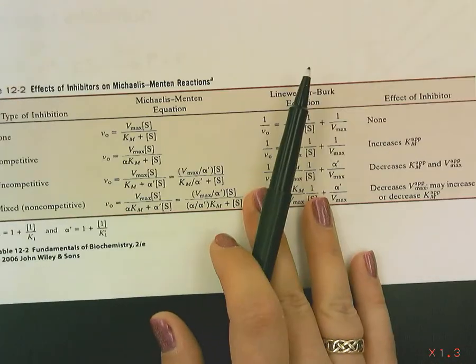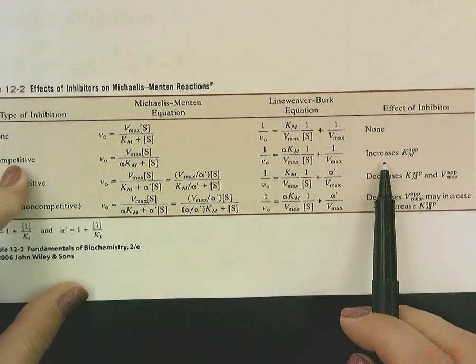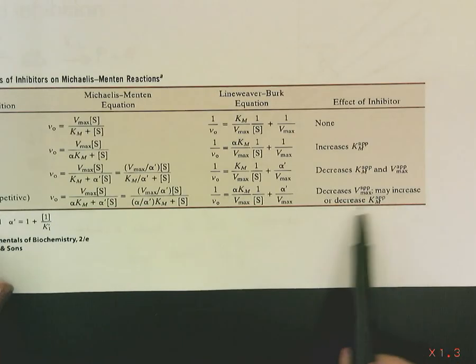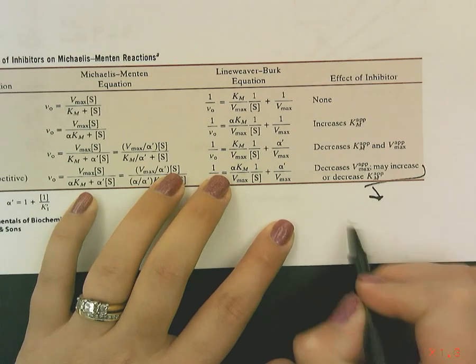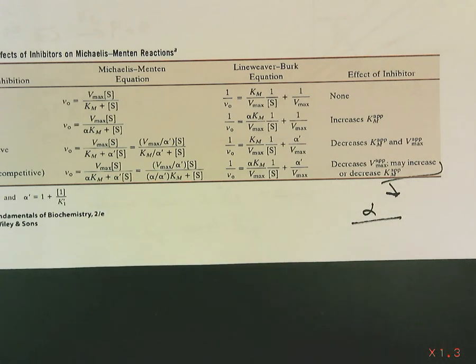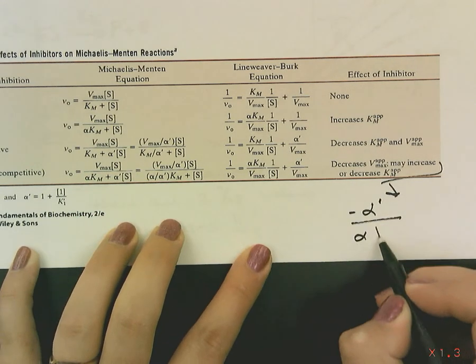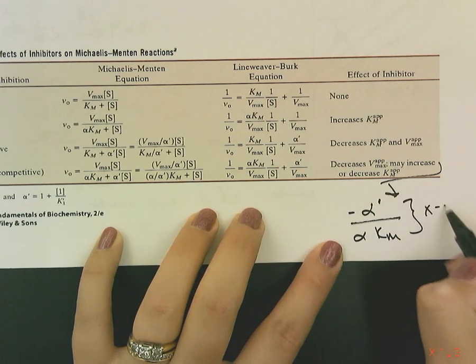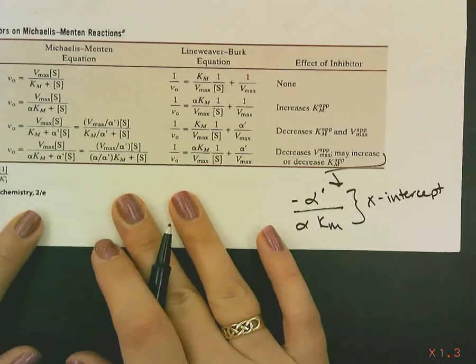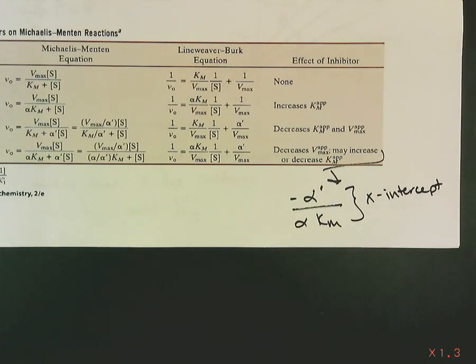Either way, you can tell me this stuff. A competitive inhibitor increases the Km. An uncompetitive decreases it. A mixed decreases Vmax, but Km could increase or decrease. Is this one alpha or alpha prime? Alpha prime. From the x-intercept, for a mixed inhibitor, it's alpha prime over alpha times Km.